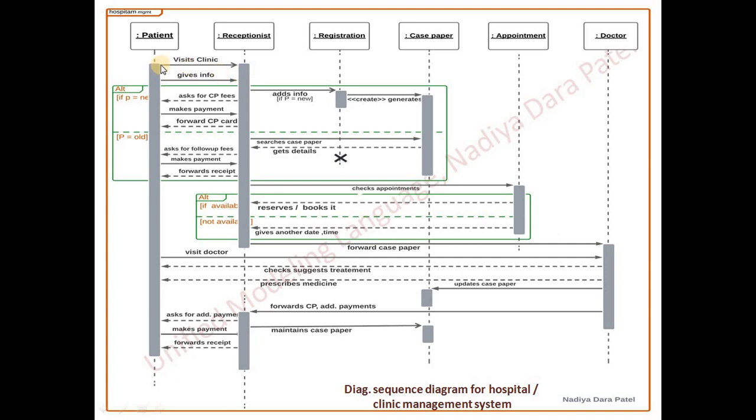So first thing what I have done is the patient visits the clinic. So when he visits the clinic, he visits the receptionist. He gives his information. Once the receptionist gets the information, she adds the information in the register, or she follows the process of registration, which could be taking your name, address, mobile number, your gender, age.